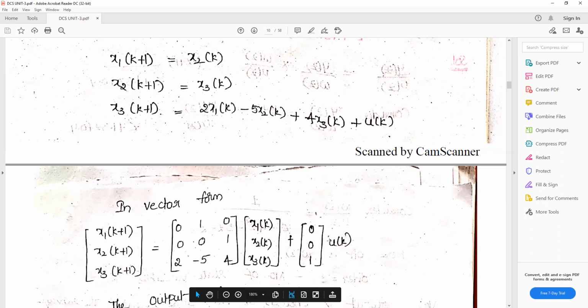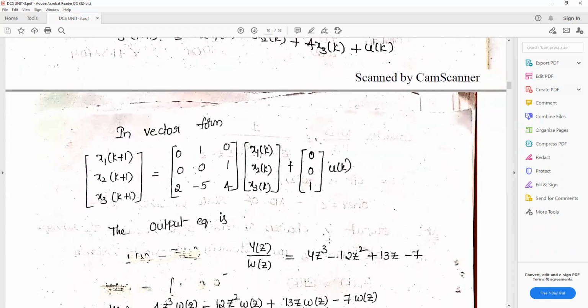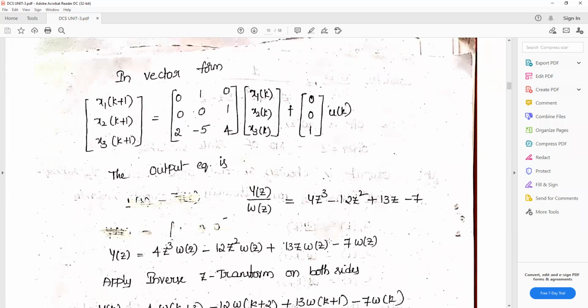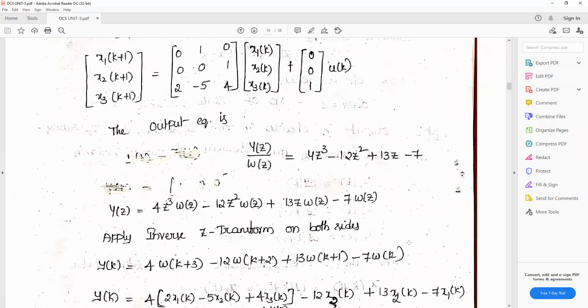So this is the vector form for the given transfer function. Now the output equation: y of z by w of z is equal to 4z cubed minus 12z squared plus 13z minus 7.